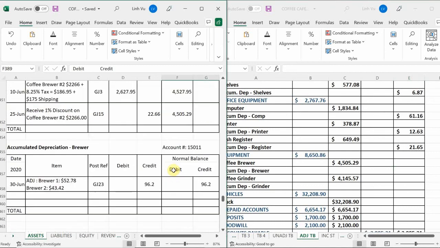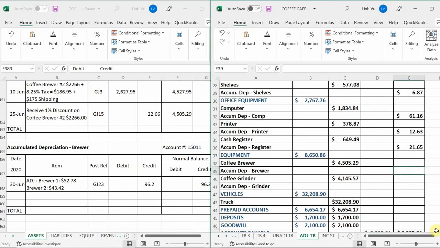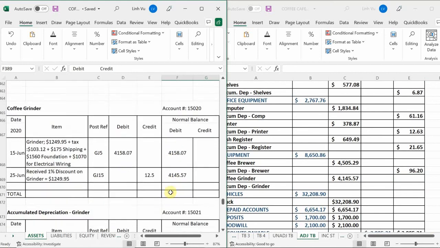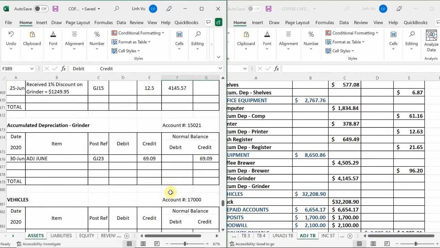My accumulated depreciation for my brewers was a total of $96.20. Okay. And then the accumulated depreciation for my coffee grinder was $69.09.